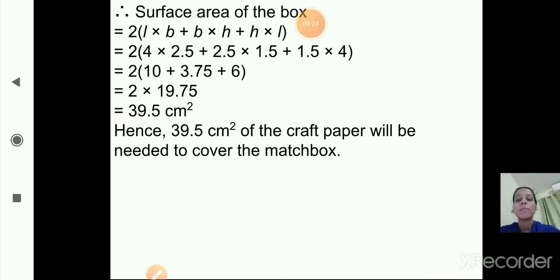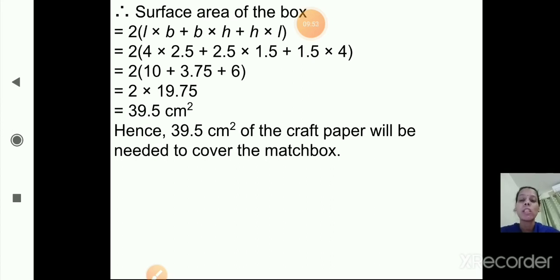Okay, I hope you are clear with this sum. What we did, in the solution, first we write down length, breadth and height which is given. Then we use the formula to find out total surface area of the cuboid. We have to find total surface area of matchbox, and we know that matchbox is in cuboid shape, so we will not use the formula 6 into side square, that is for total surface area of cube, but here we have to find total surface area of cuboid.